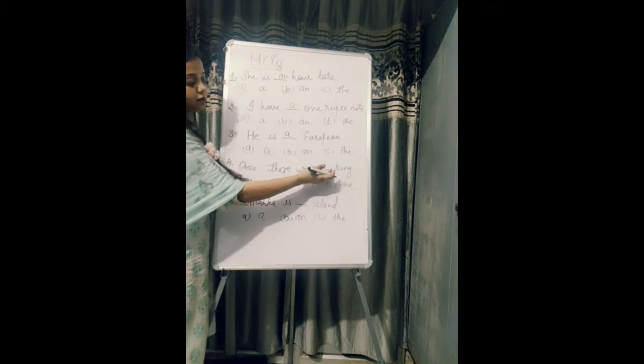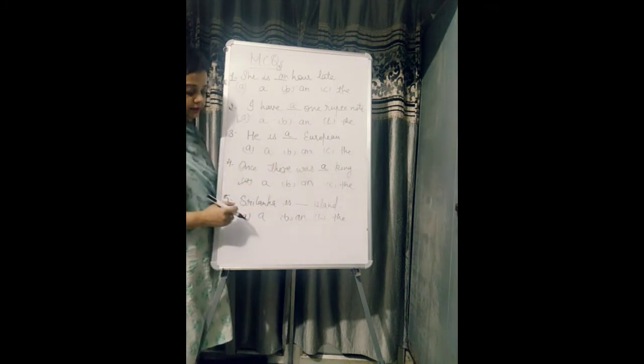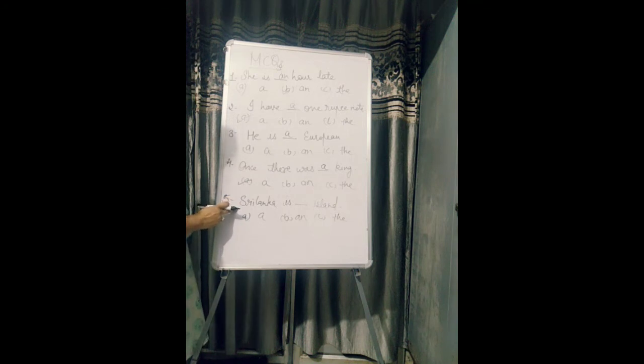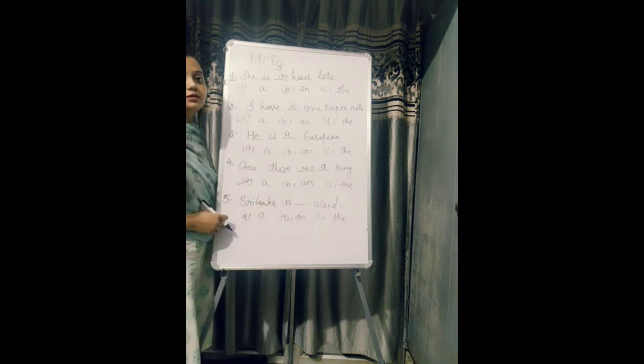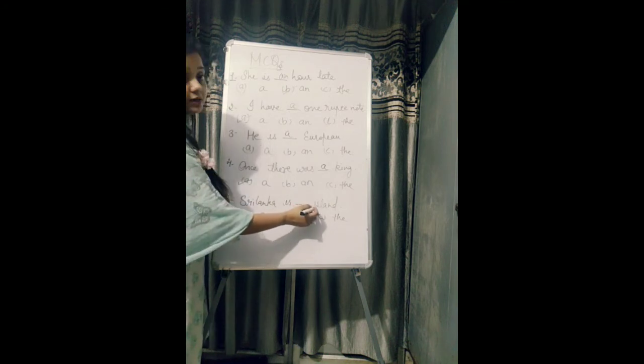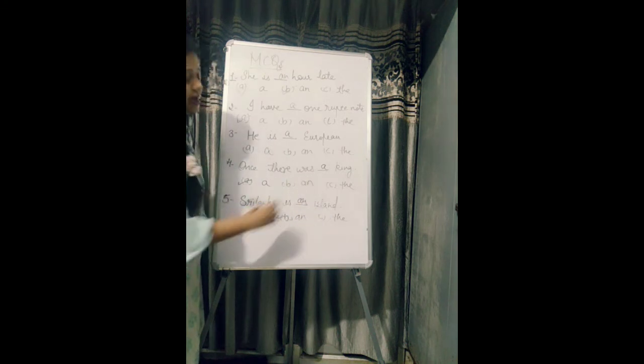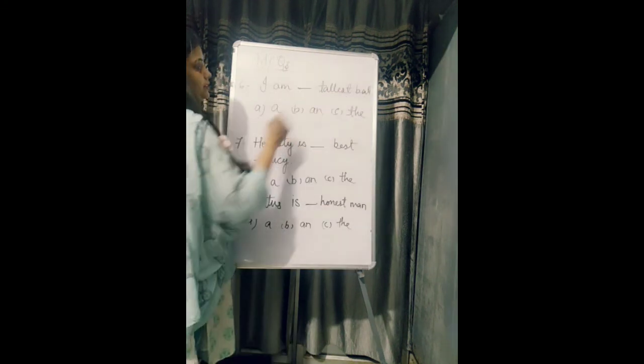And here we are talking about a single noun, so we'll write "a" over here. Next is, Sri Lanka is dash island. Sri Lanka is an island, because it's having a vowel sound.